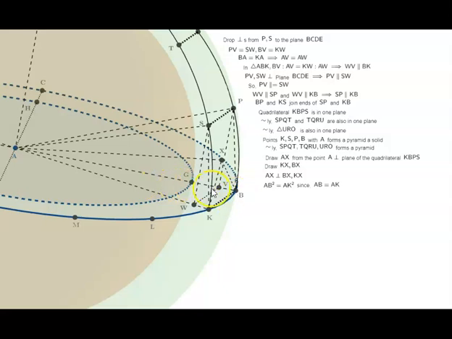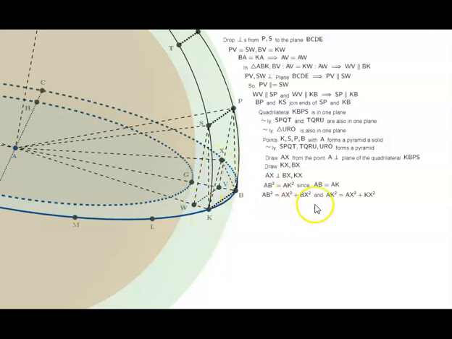AB square is equal to AK square. Why? Because AB is equal to AK, since they are the radii of the same circle. AB square is equal to AX square plus BX square, and AK square is equal to AX square plus KX square.